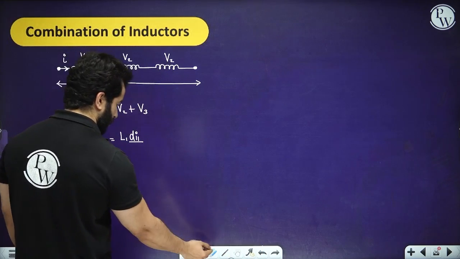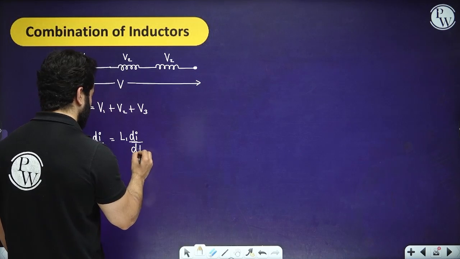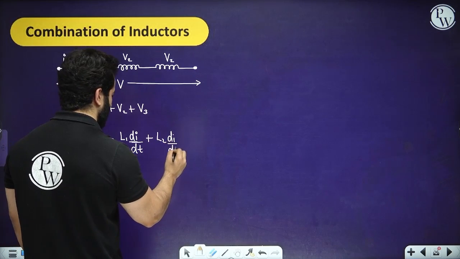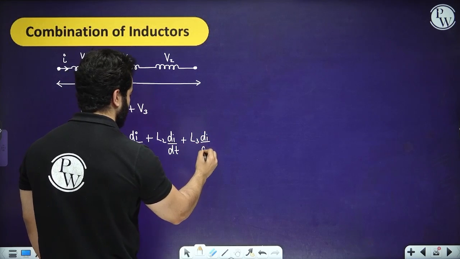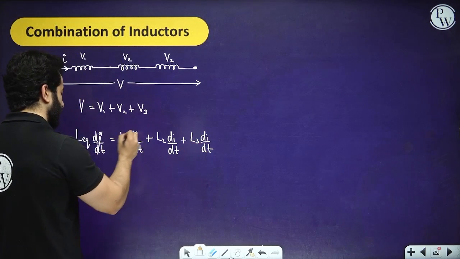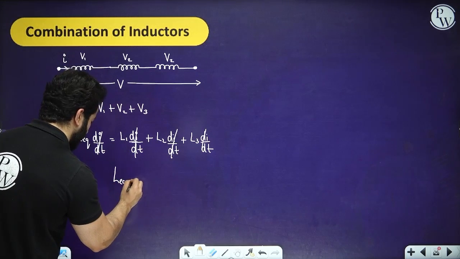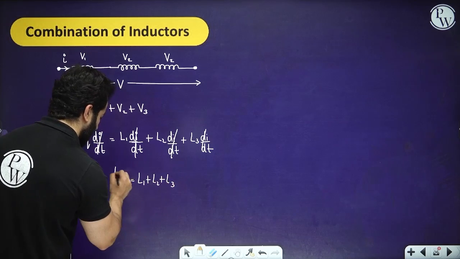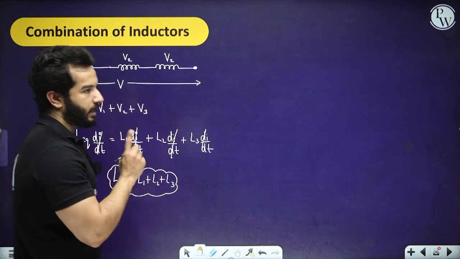So this is L1 di by dt plus L2 di by dt plus L3 di by dt. Di by dt can be cancelled out and you are going to get the formula of L equivalent, that is L1 plus L2 plus L3. That's how easy it is.